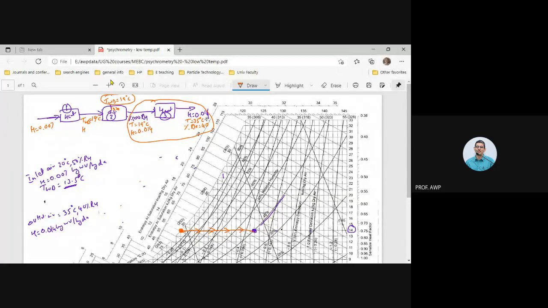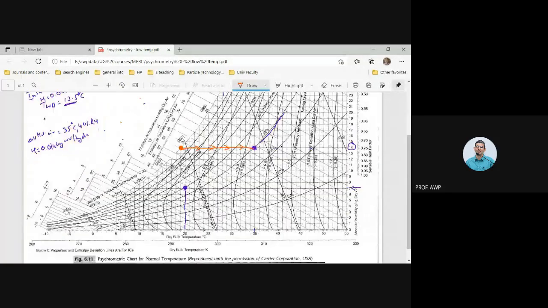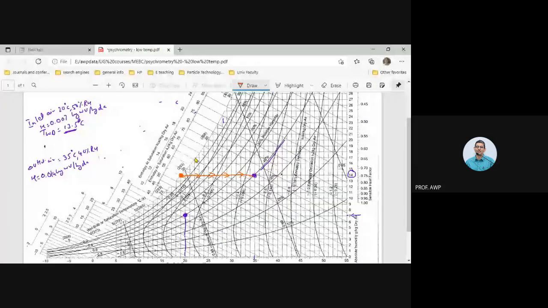But what is the humidity that it should have? 0.007. So it is going to cool along this wet bulb temperature line of 19 degrees centigrade, but the humidity that it has to have before it enters the spray is 0.007. Do you agree with that?